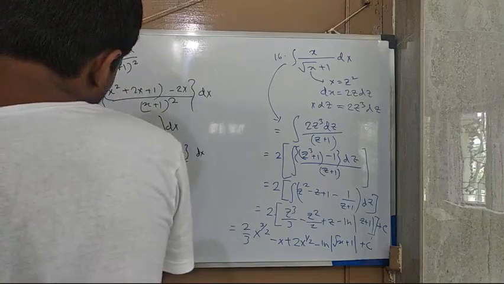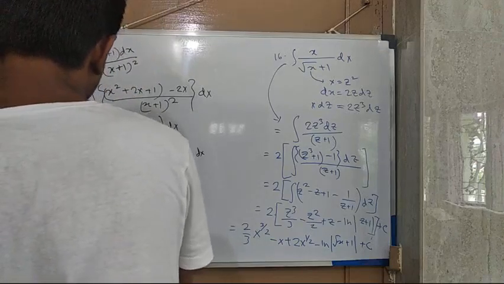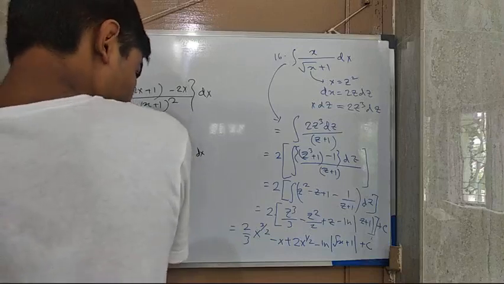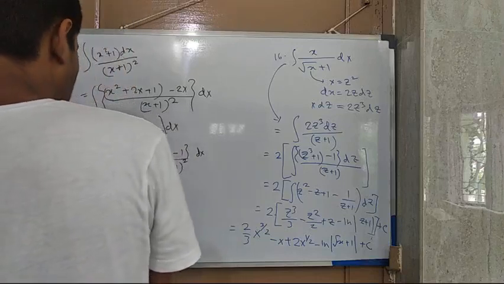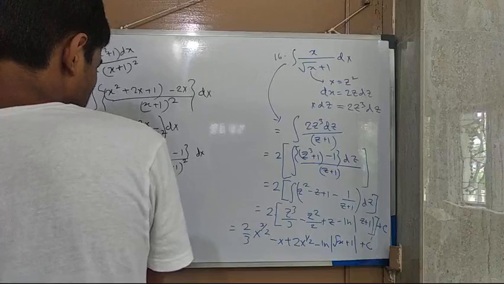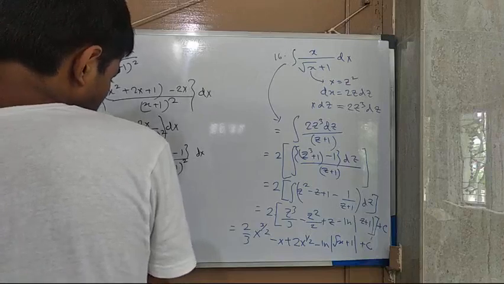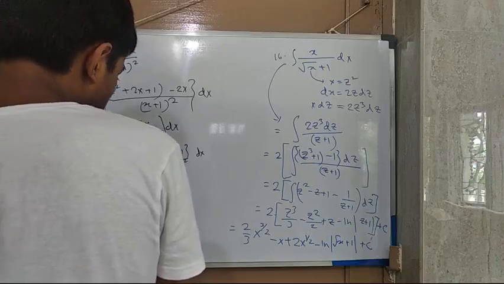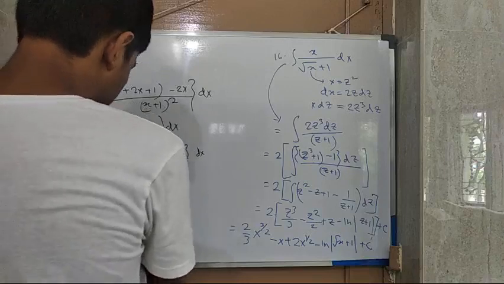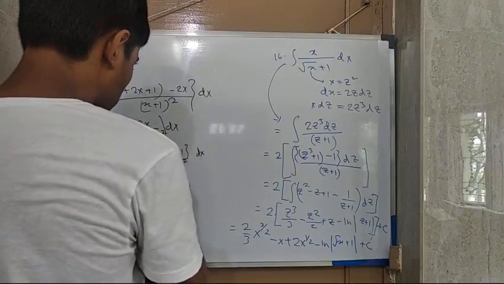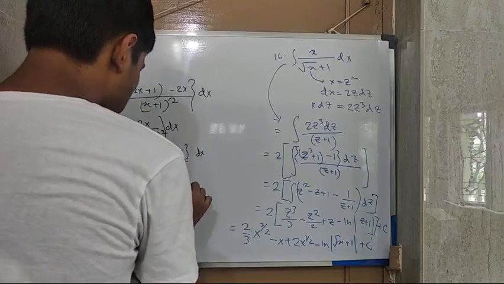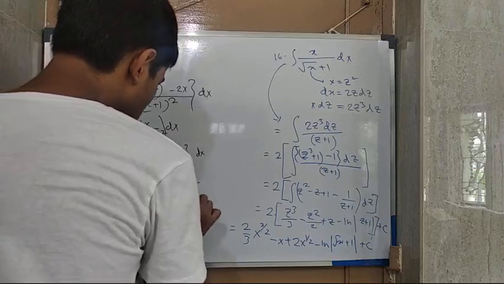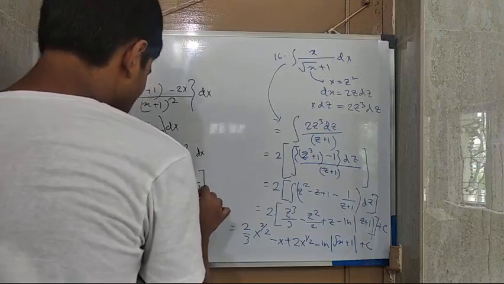So this is x minus 2 times, just split it up, integral 1 by x plus 1 dx minus integral dx by x plus 1 whole squared.